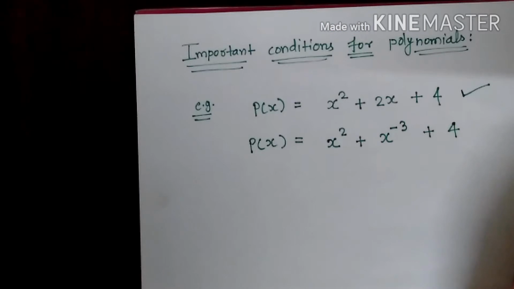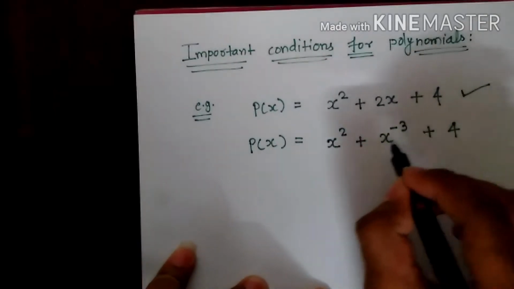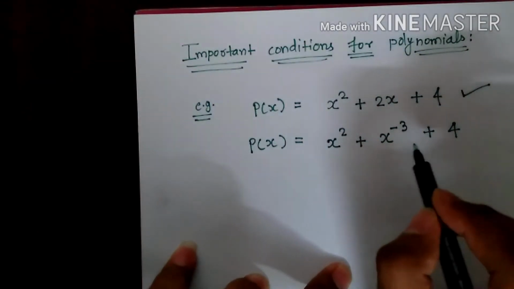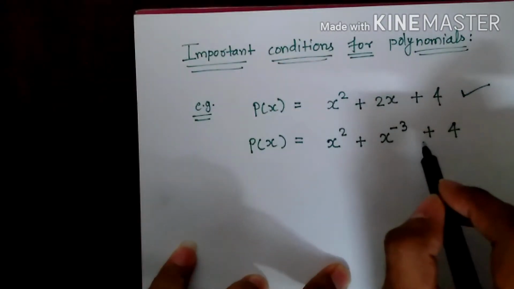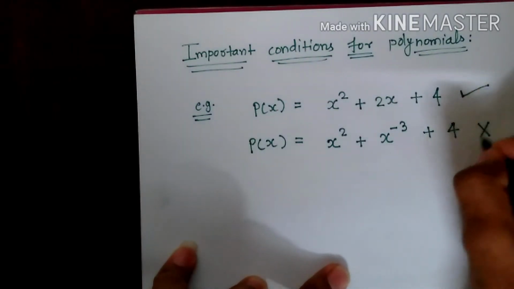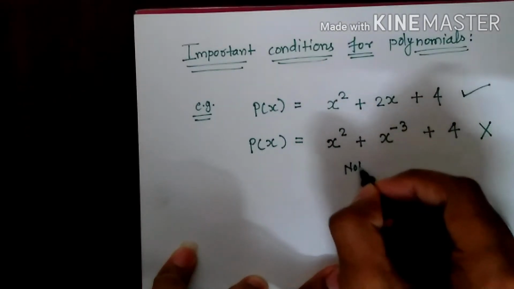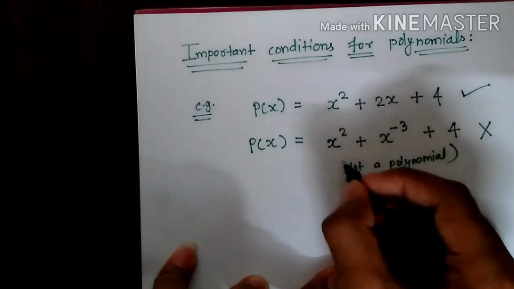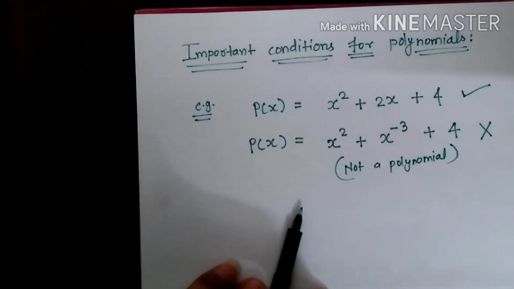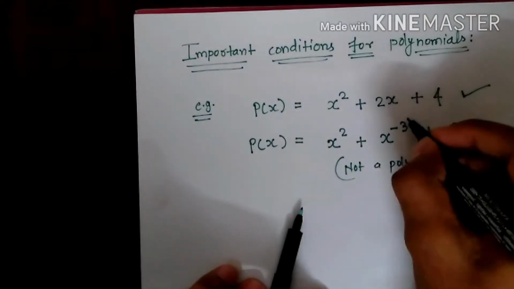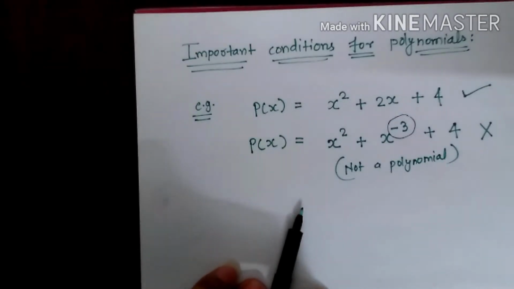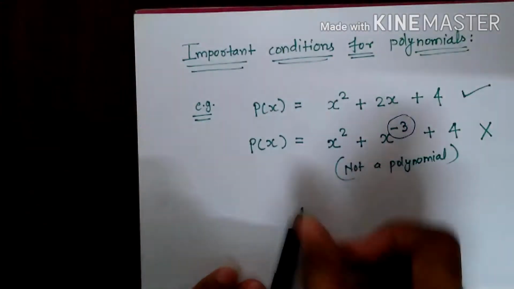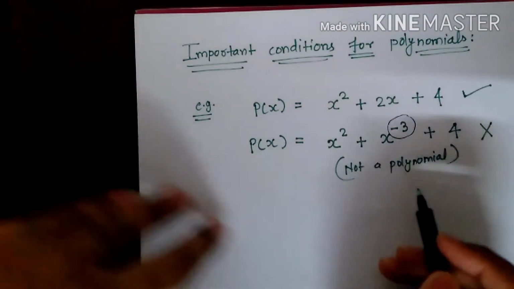A few students might have doubt whether it is a polynomial or not. So let me be clear that this expression is not a polynomial. The reason is this negative power of variable.